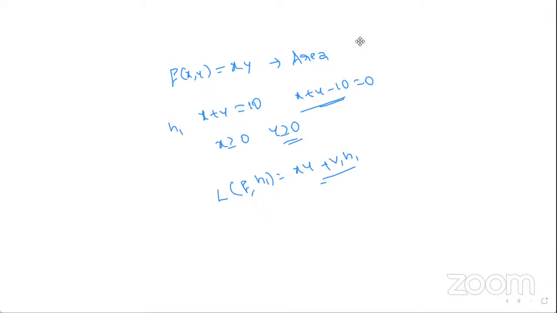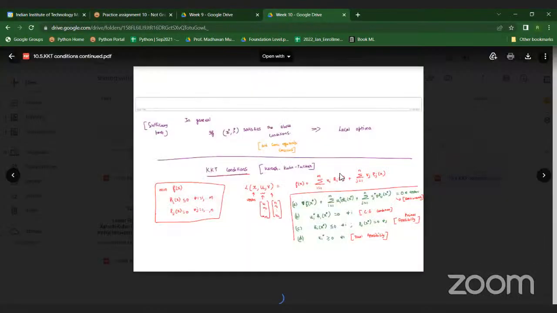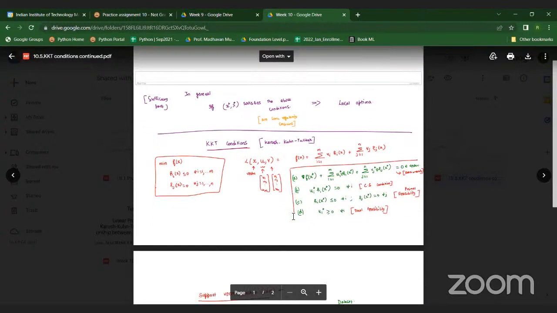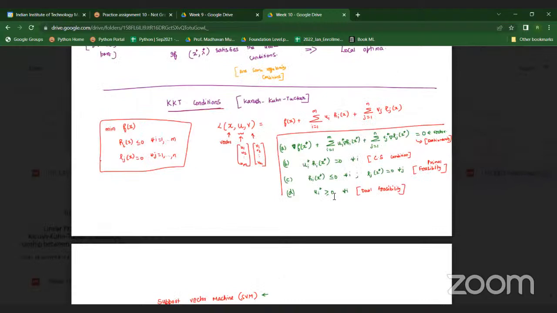All right. So what do we have here? If you look at the KKT conditions, they should be satisfied. The gradient should be equal to 0, correct?